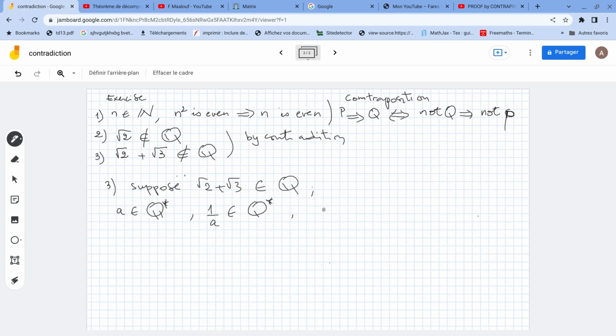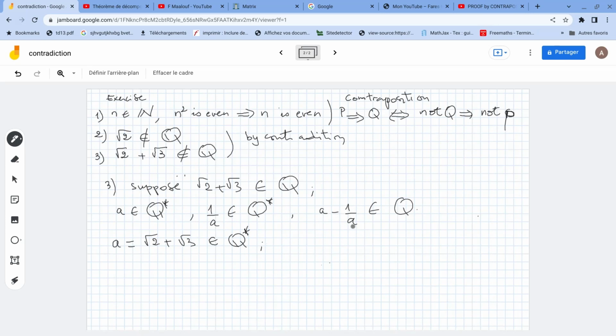And also the sum or difference of two rational numbers is a rational number. And I put A equal to square root 2 plus square root 3, which is a rational number and not equal to 0.